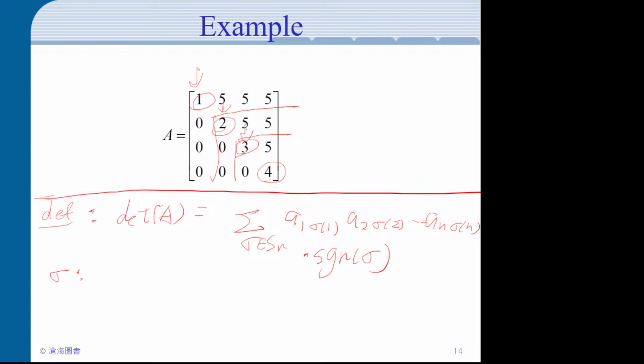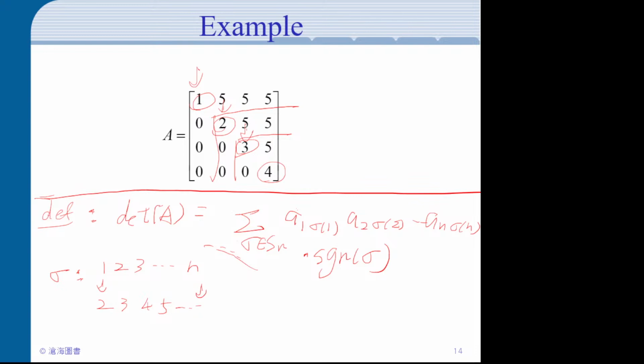Okay, so a permutation can be written as a string, because you can think about having 1, 2, 3 to n, and then we are permuting the numbers.